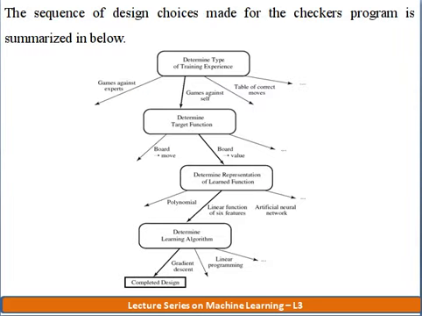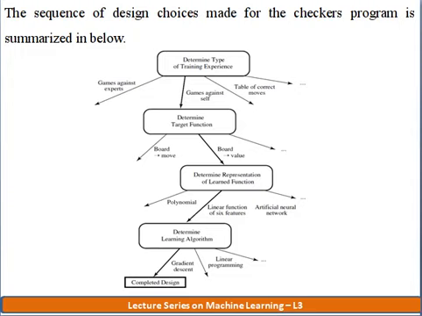Now the design choices that we made for the checkers learning problem produce specific instantiations for the performance system, critic, generalizer and experiment generator. Many machine learning systems can be usefully characterized in terms of these four generic modules.